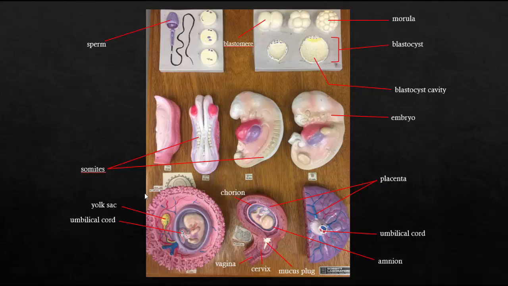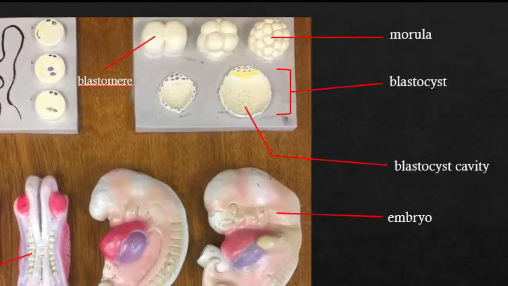So blastomere is going to be a cell that has come about or has been developed from the zygote, and the zygote is the fertilized egg cell.